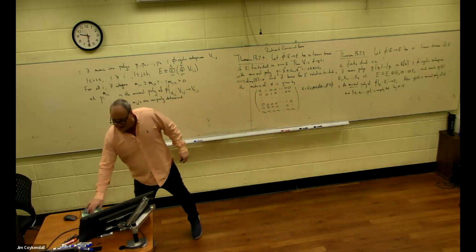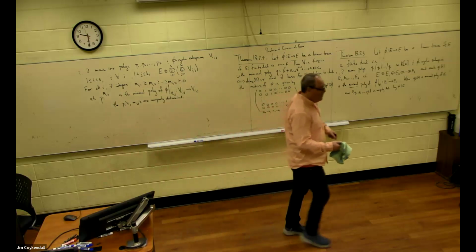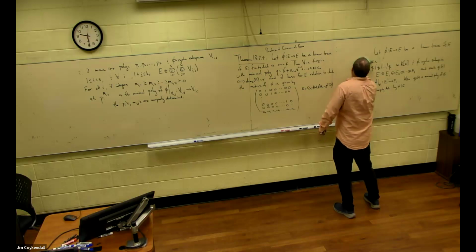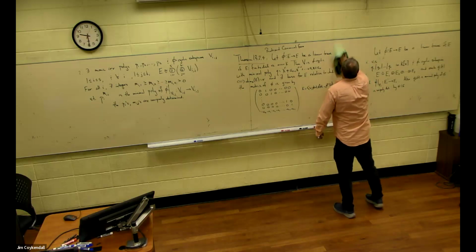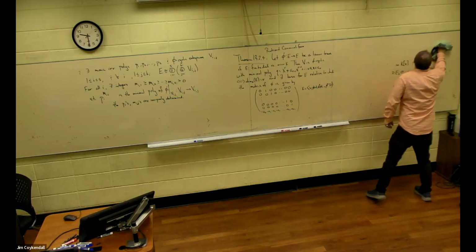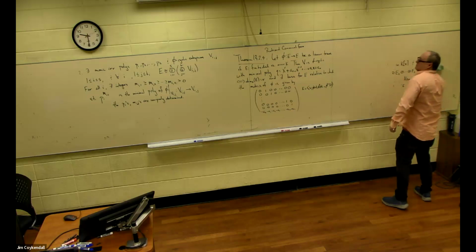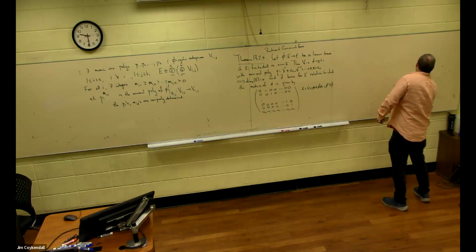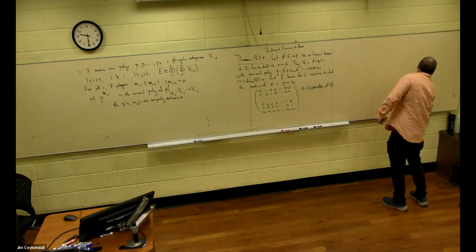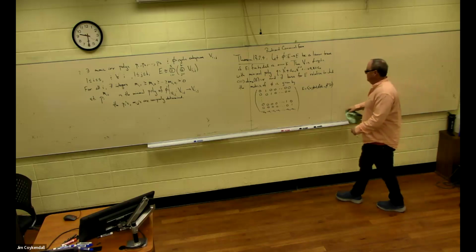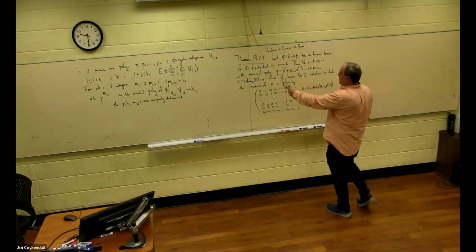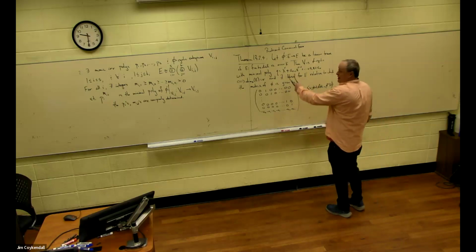Let me show you why this works and why it's reversed. Okay, it's phi cyclic with minimal polynomial this.